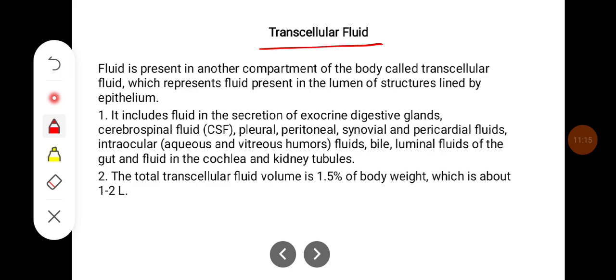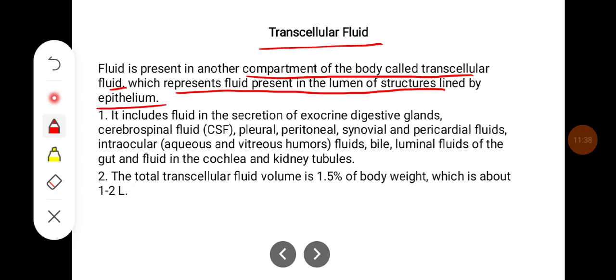Another compartment of the body is called transcellular fluid. It is a part of the extracellular fluid volume, which represents the body fluid present in the lumen of structures lined by the epithelium.